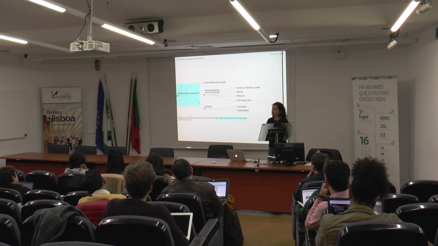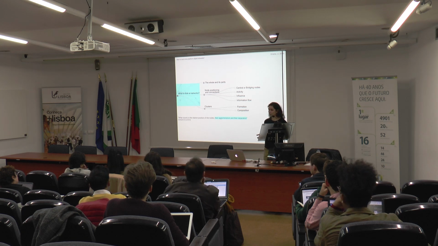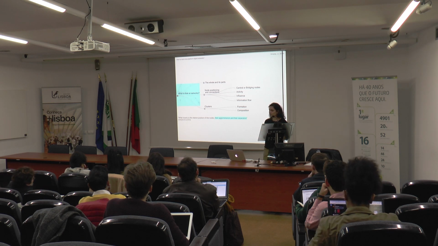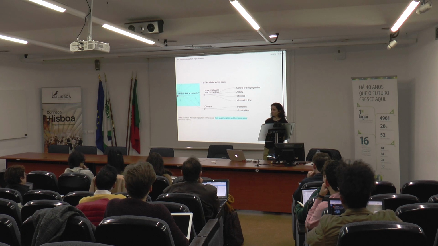And another very important question we may want to think about is what to look at in networks. We should look at the whole and its parts, considering the relative position of the node, not only clusters, but what separates them, the empty spaces.